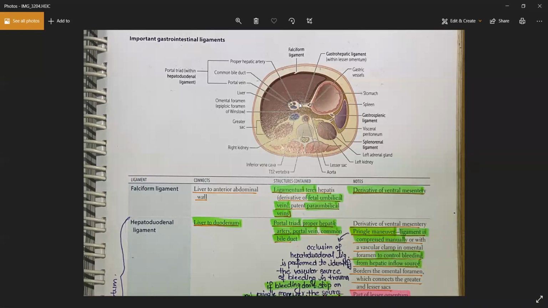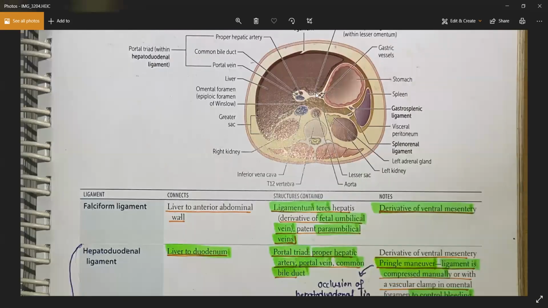And on the distal part, more on the right side, you have one more ligament, which is the hepatoduodenal ligament. So two parts for the lesser omentum.